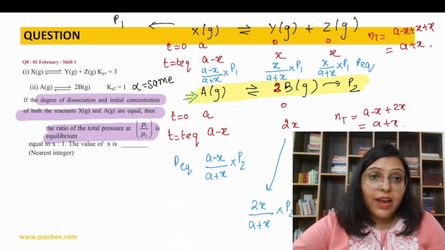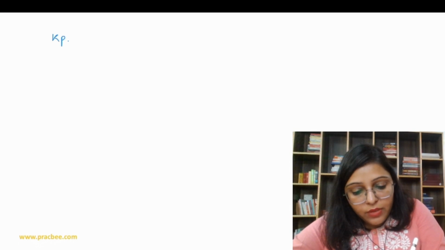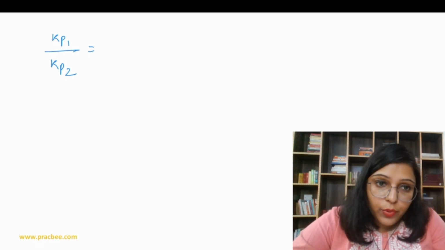We have to find P1 upon P2. So see how to do this. We know the value of Kp1 and Kp2. So how to write Kp1? Product pressure divided by reactant pressure.